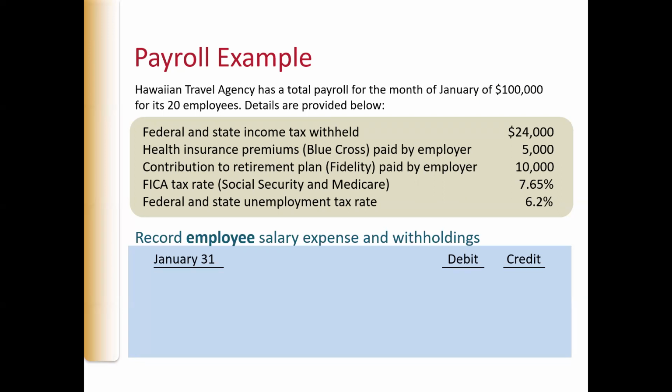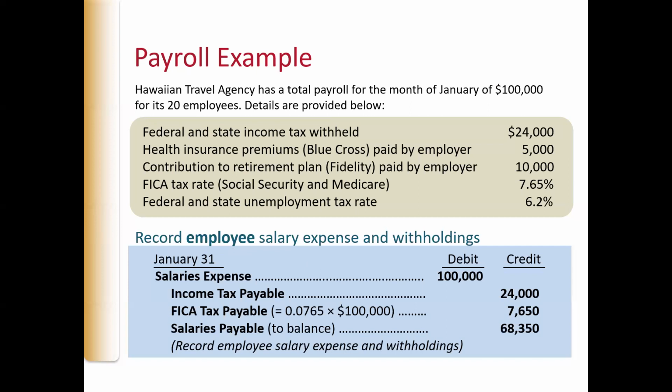So the first thing we're going to do is look at the journal entries to report the employee salary and withholdings. So we're going to show a salaries expense of 100,000. We're going to credit income tax payable of 24,000.